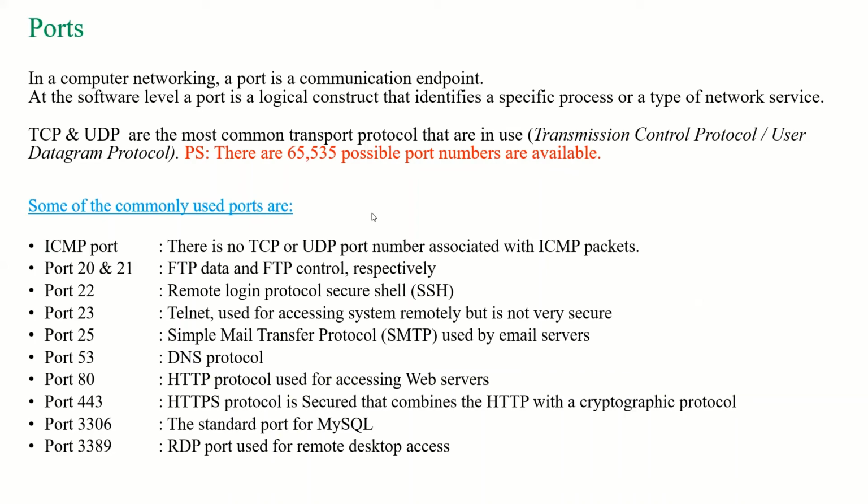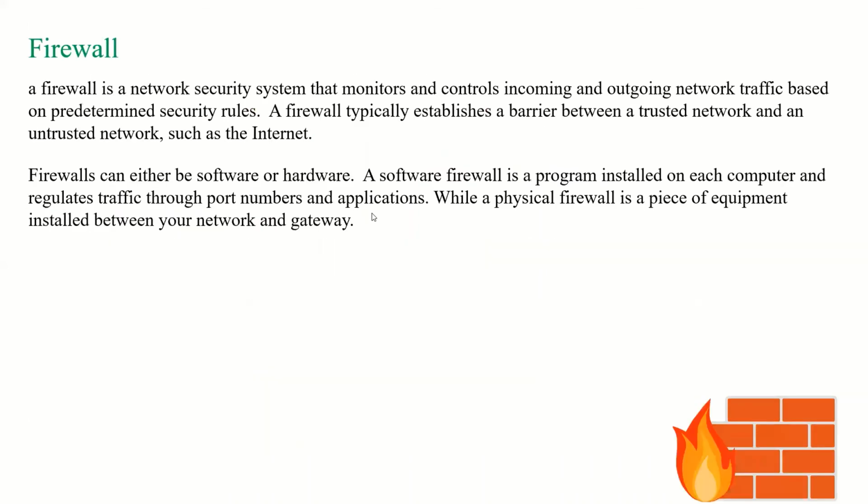So continuing from these ports, we have another very important topic called firewall. So what is all about a firewall? A firewall is a network security system that monitors and controls incoming and outgoing network traffic based on predetermined security rules.